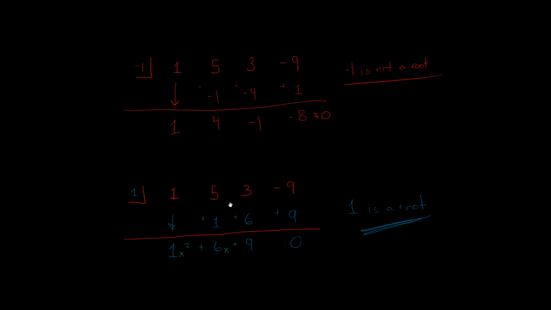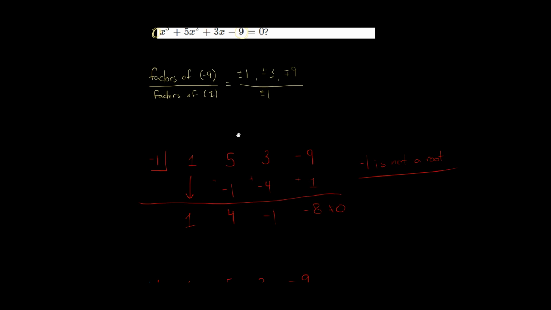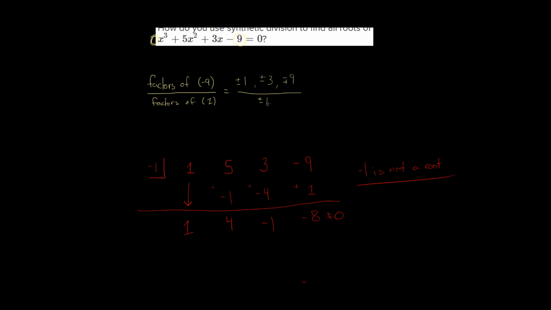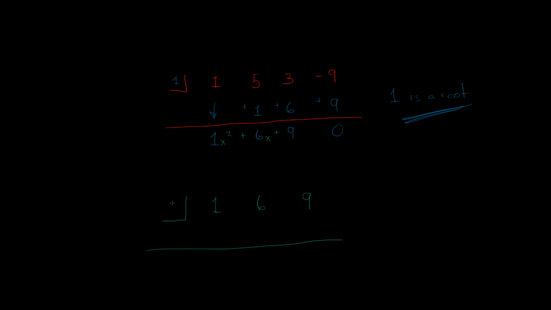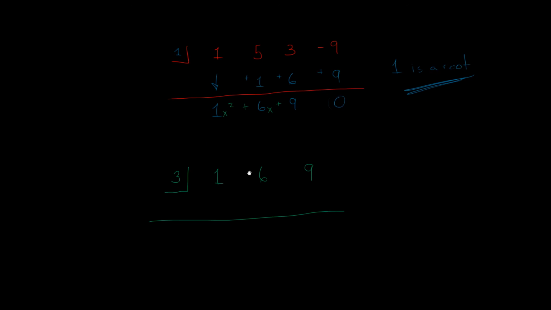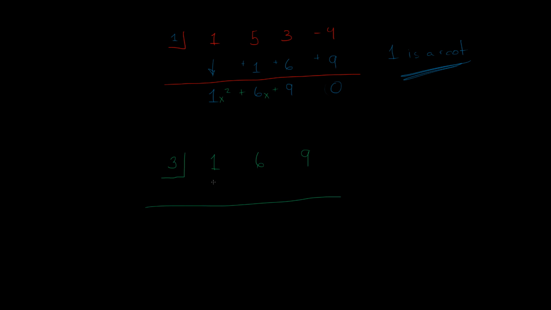So let's see, what could the next root be? Well, it could be positive 1 again. We know it won't be negative 1 because it didn't work at first. It could be positive 3, negative 3, positive 9, negative 9. I'm going to try positive 3. So when I try positive 3, I'm going to bring down the 1. 3 times 1 is 3.